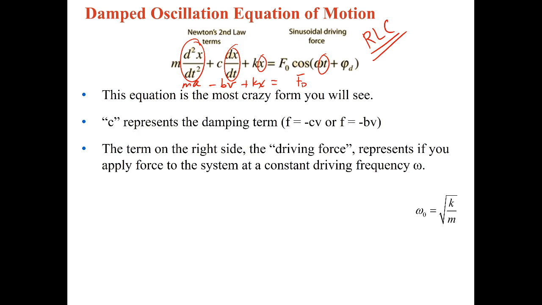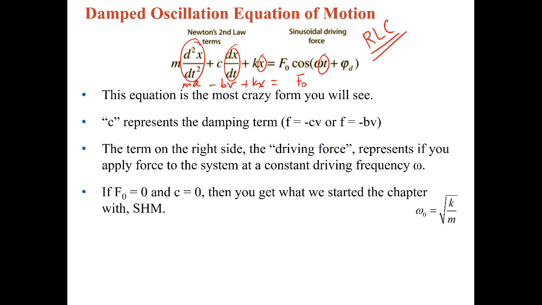This driving force represents what happens if you apply force to the system at a constant driving frequency, omega. Now this omega is different from what we call omega naught down here. As a matter of fact, if F is 0 and if c is 0, then you start with what we began the chapter with.